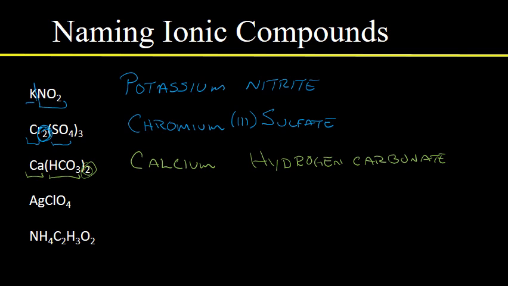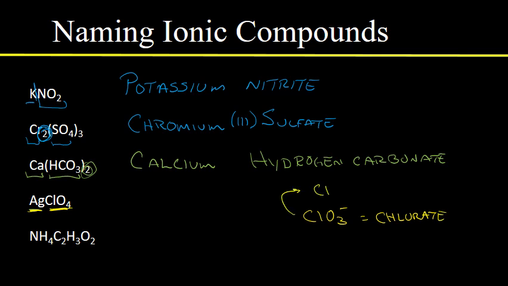All right, our next one, cation is silver. Our anion is this guy over here. ClO4 is not one of the ones that we memorized. But we memorized that ClO3 is chlorate.